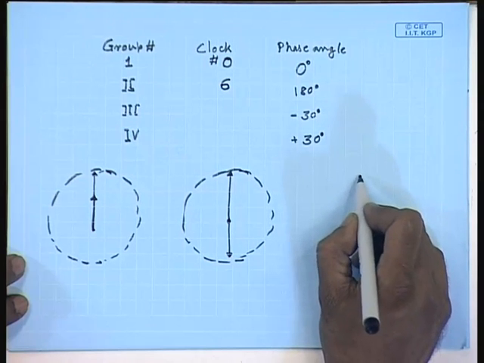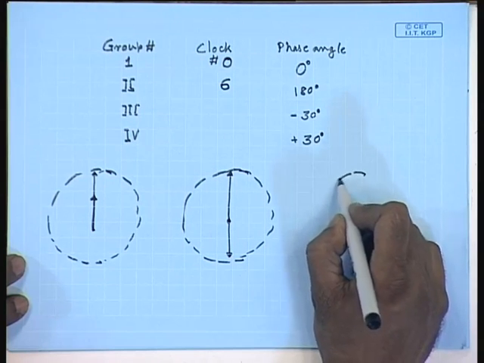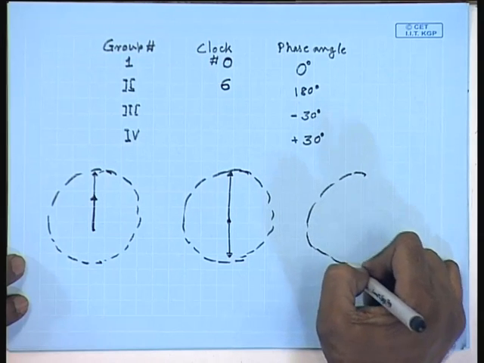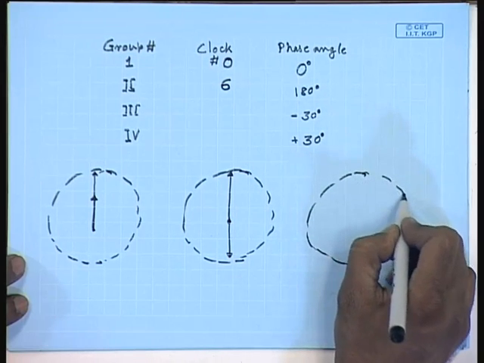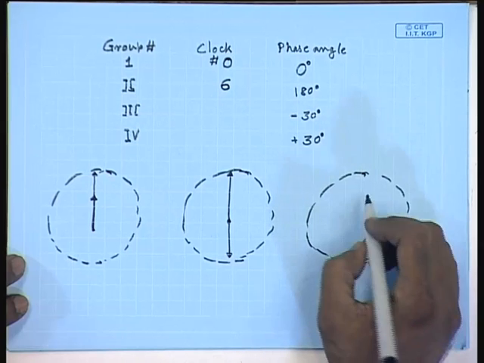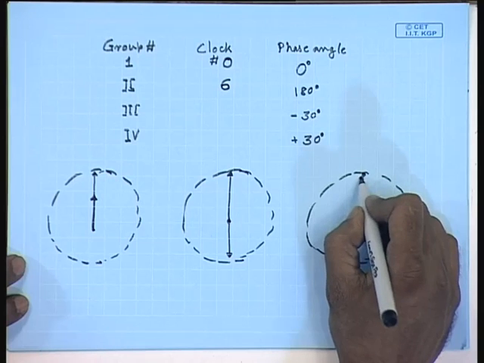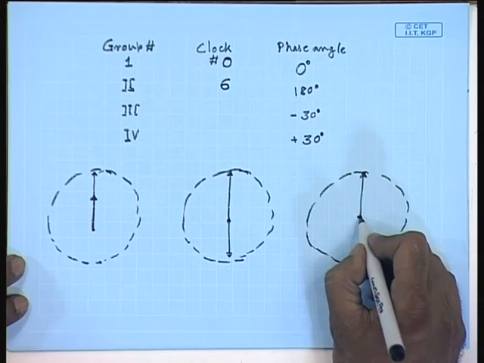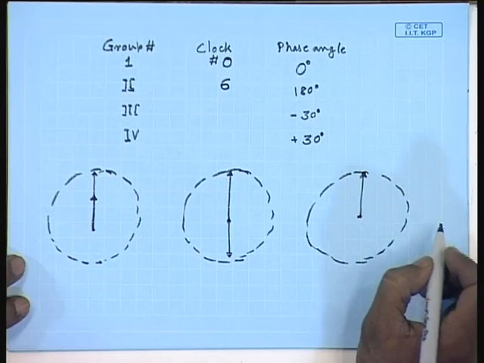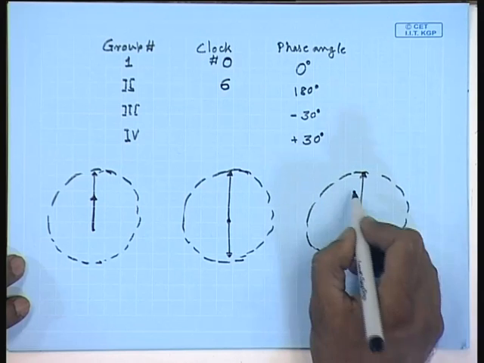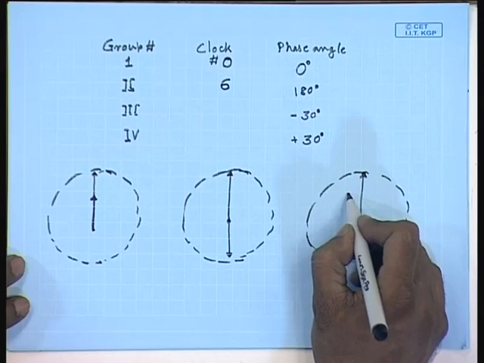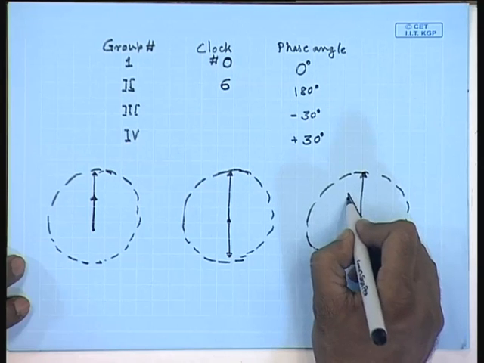For minus 30 degree, this is the hour hand, this is the minute hand representing the high voltage side line to neutral phasor, and this is the low voltage side neutral line to neutral phasor.